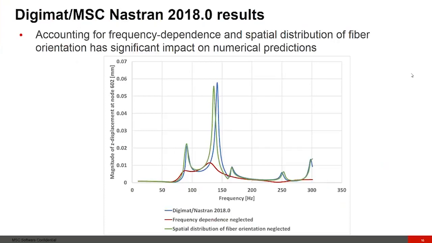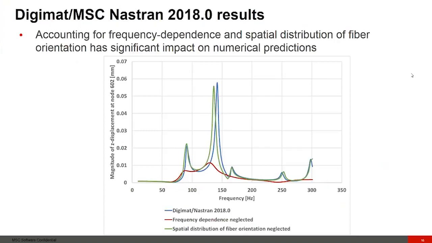However, for the green curve, we've accounted for frequency dependency, but we ignore spatial dependency of the fibers. In that case, you can notice the response is much better. However, it's still not as accurate as it would be if we do it with Nastran 2018.0 by including frequency and spatial dependency.